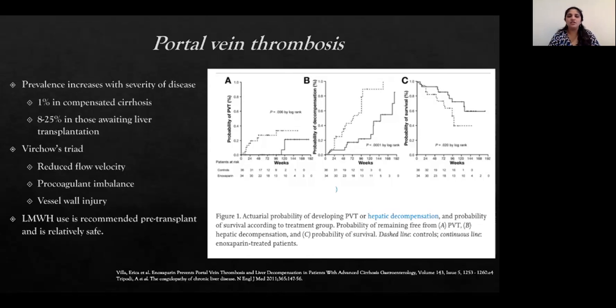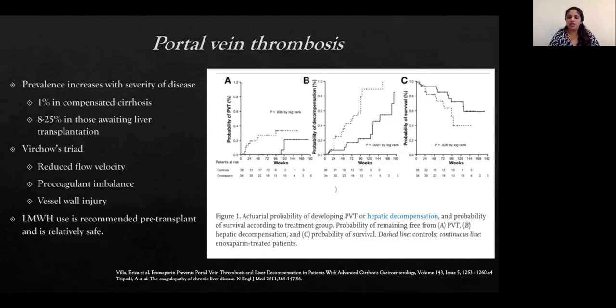And so on top of it, you add the systemic inflammatory response that happens in liver injury. The flow velocity decreases due to intravascular volume depletion. There's imbalance. Then these tiny vessels get injured. It's even more exaggerated in kids. Of course, there are no studies to prove this, but one can apply their pathophysiologic understanding to imply this.